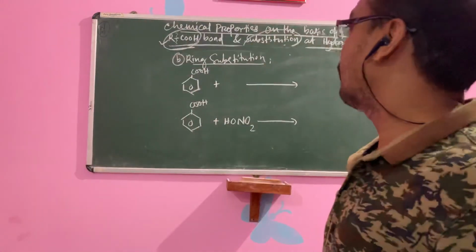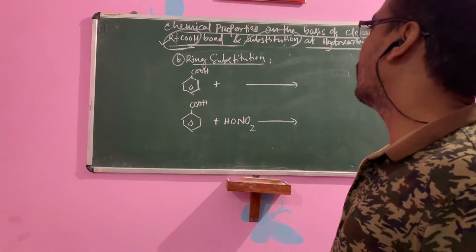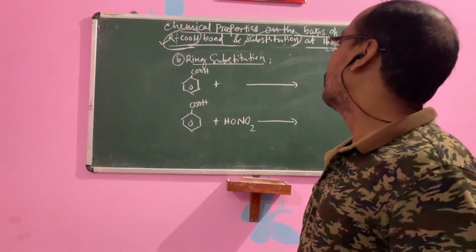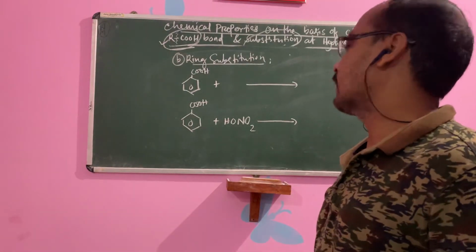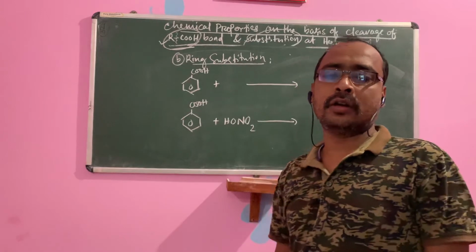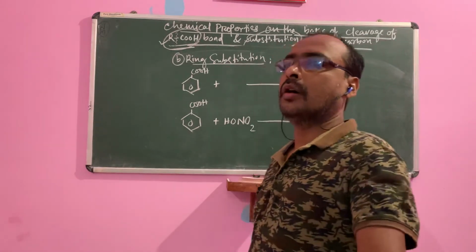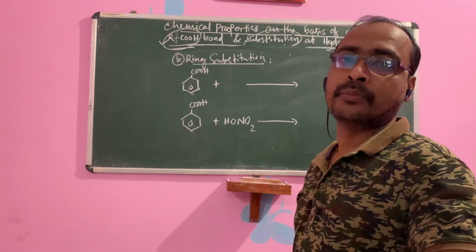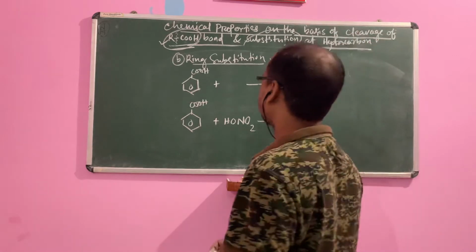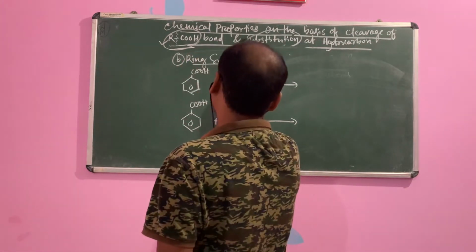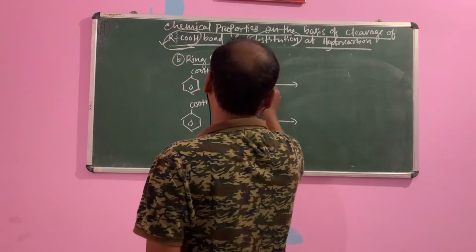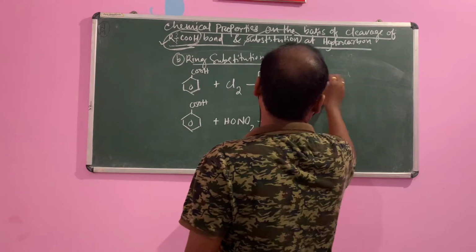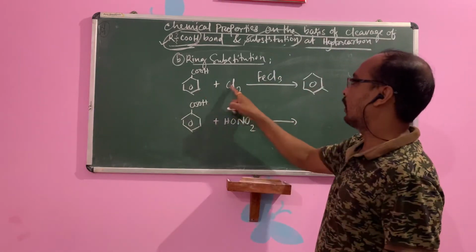Children, previously you learned about the electrophilic substitution reactions. When benzoic acid is treated with halogen, Cl2 or Br2, in the presence of a Lewis acid, FeCl3 or FeBr3, at the meta position the electrophile will attack.